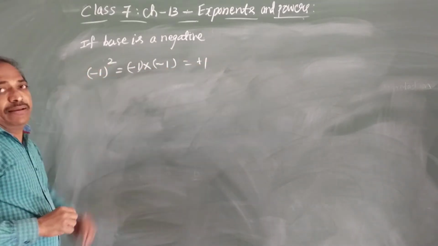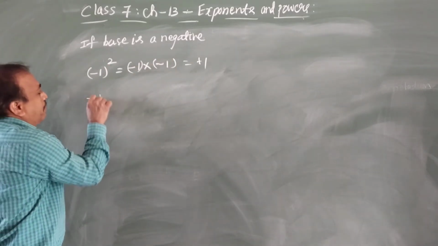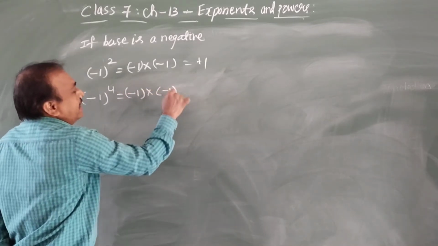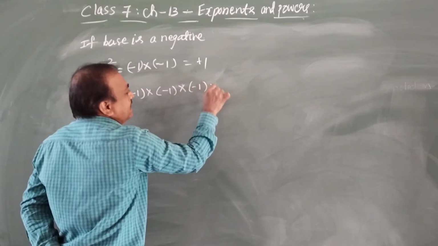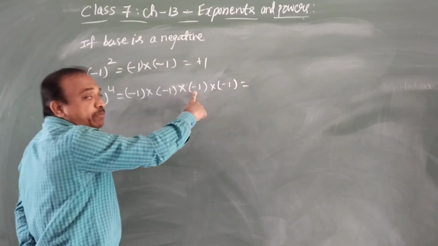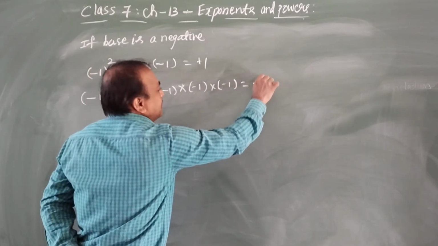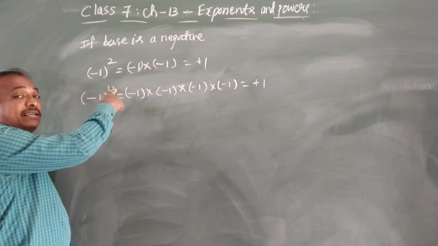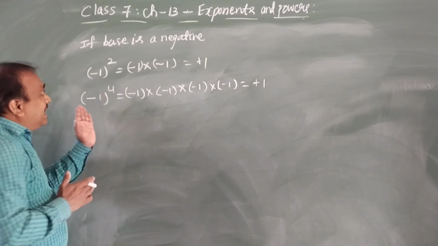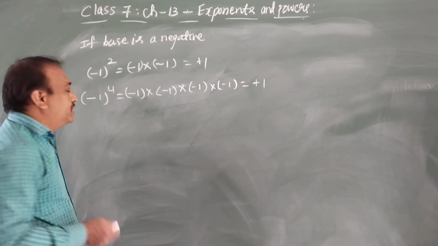The power is even, so the answer we get is positive. Let us see minus 1 whole to the power 4: minus 1 into minus 1 into minus 1 into minus 1. Here also minus into minus is plus, plus into minus is minus, minus into minus is plus. So the answer is plus 1. The power is an even number. So if the base is negative and the power is even, we get the result as positive.